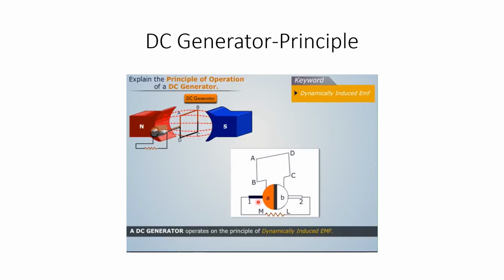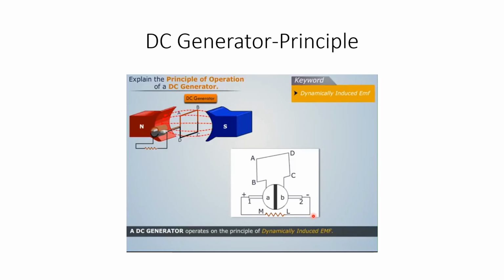There is a loop of conductor A, B, C, D. The A segment of the commutator is connected with the first brush and the B segment with the second brush, connected to the positive terminal and the negative terminal.